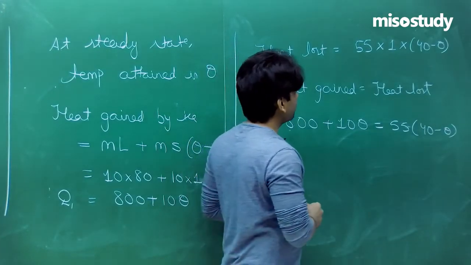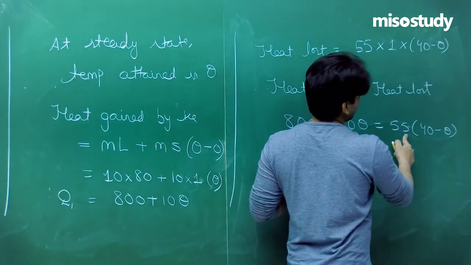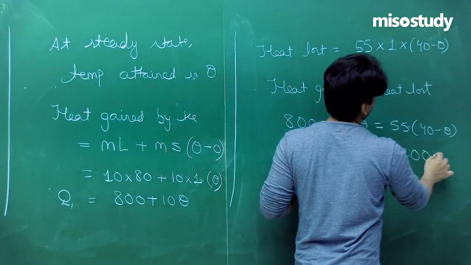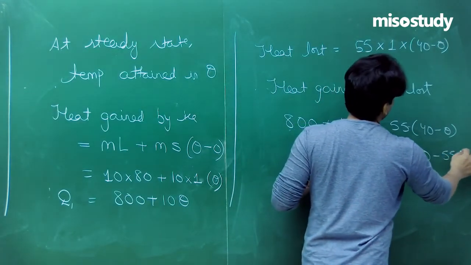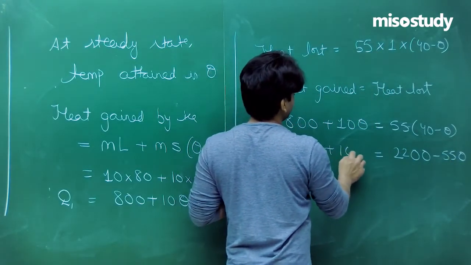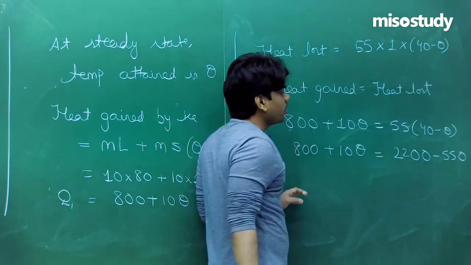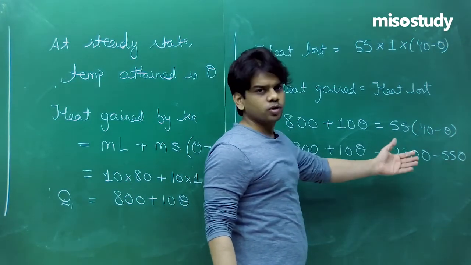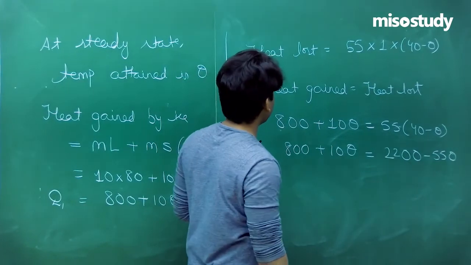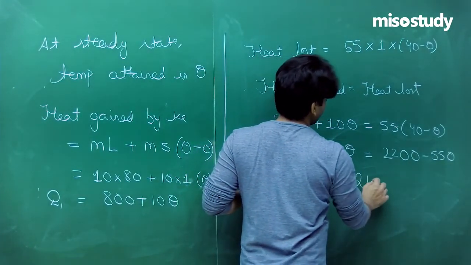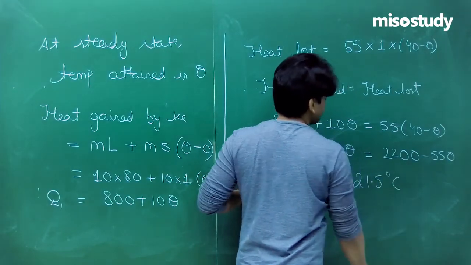It's not a big problem. 55 into 40 will come 2200 minus 55 theta is equal to 800 plus 10 theta. Calculation is not too tough over here. After solving, theta will be 21.5 degrees Celsius.